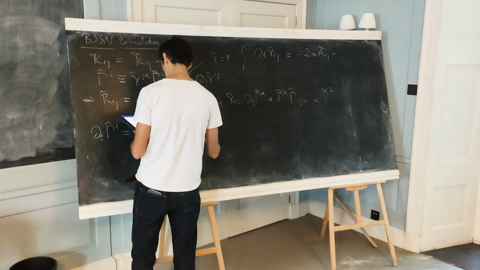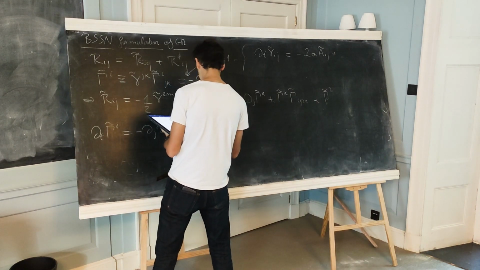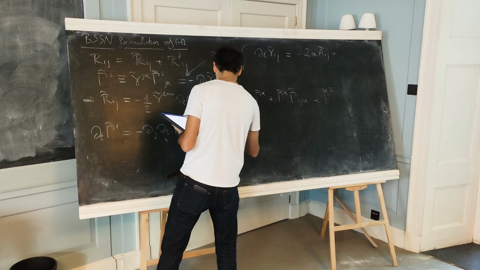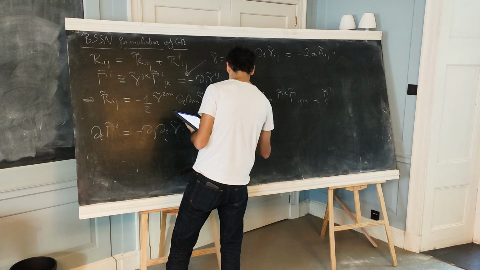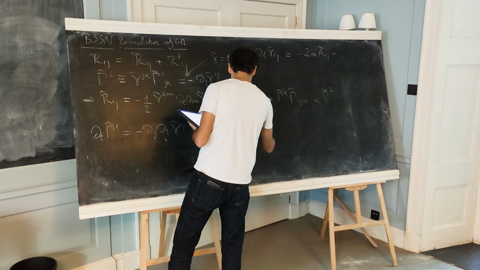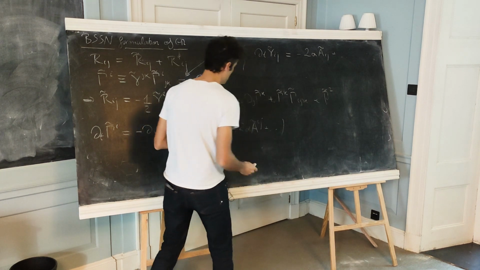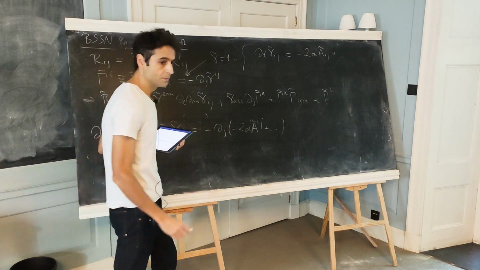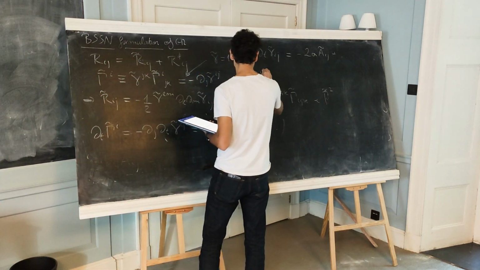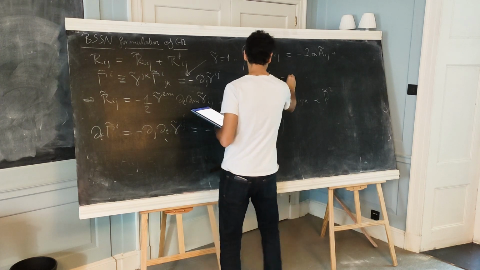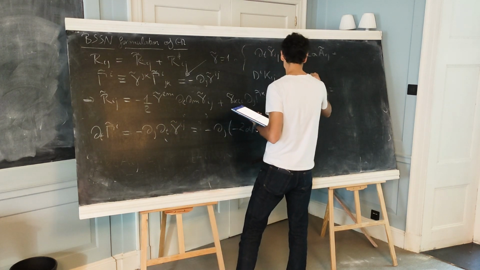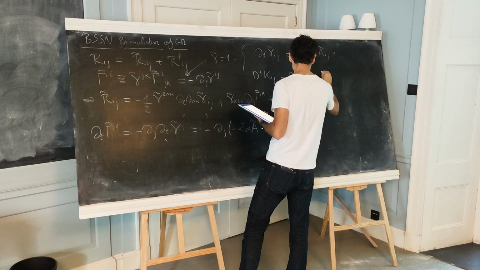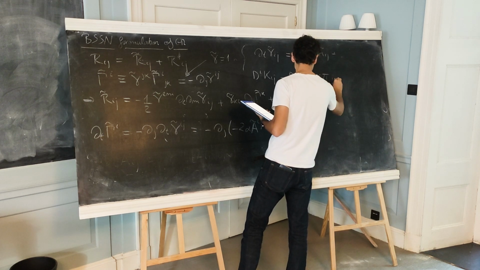Actually, minus 2 alpha and other terms. And recall the momentum constraint. The momentum constraint equals, I think, matter 8 pi j_i.